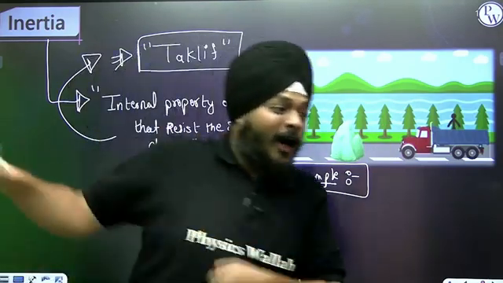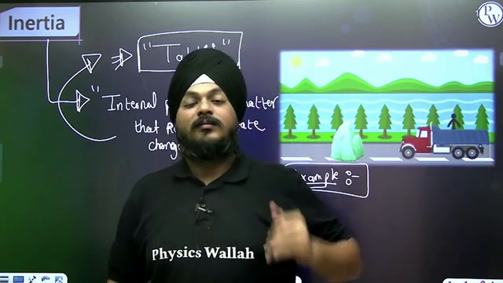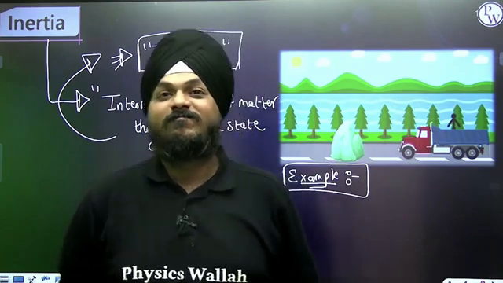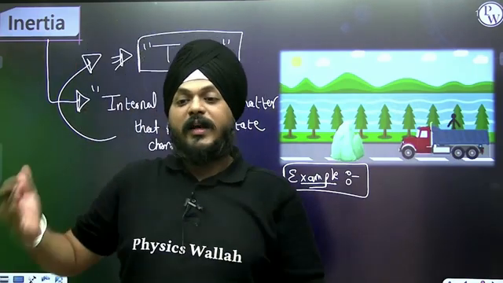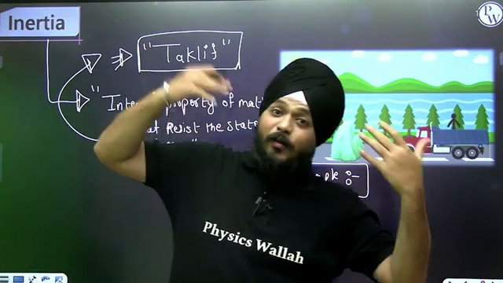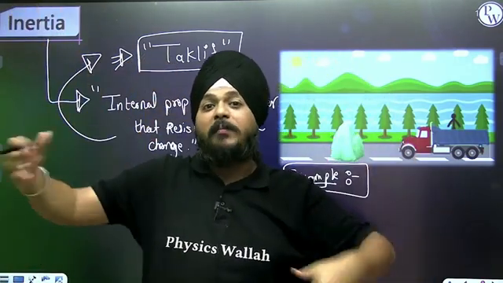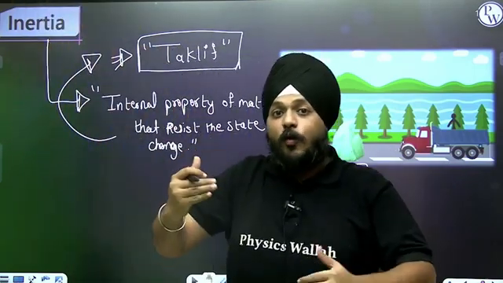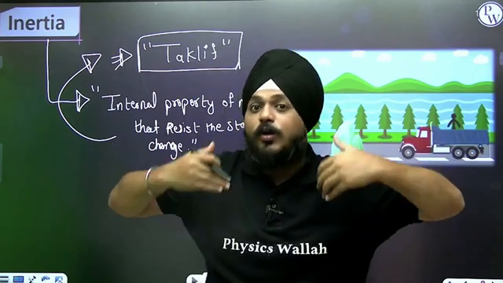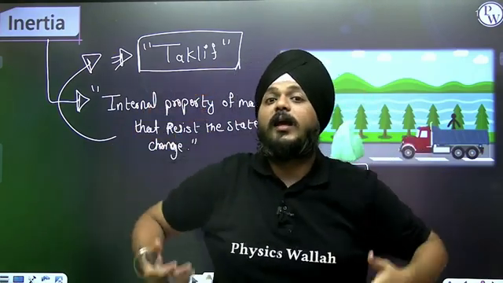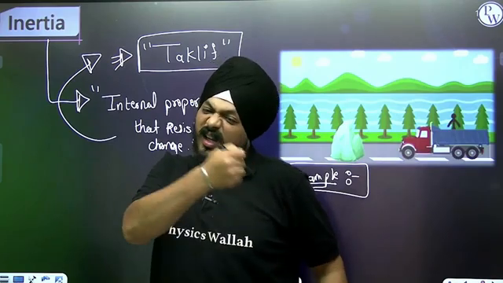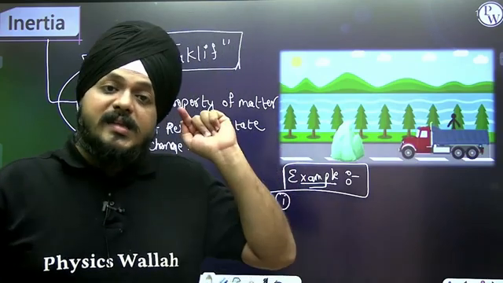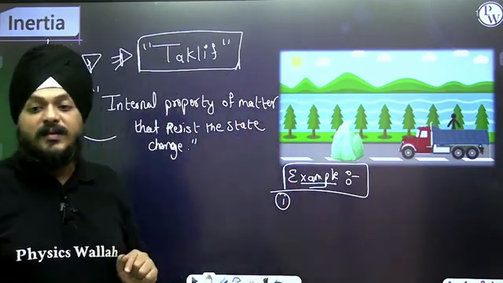Suddenly, an external force acts. I was happily living in my old state, a state of rest. Suddenly, because of the external force, I was forcefully changing my state. Taklif, inertia. Inertia is directly proportional to the mass.